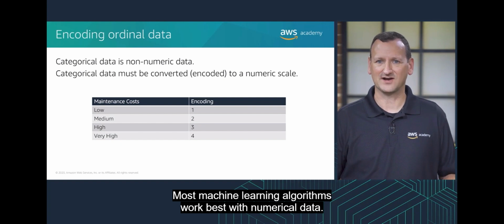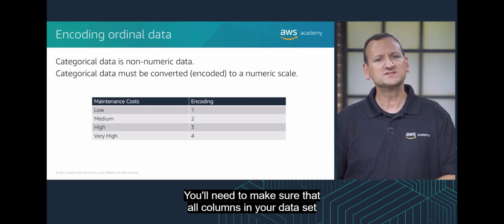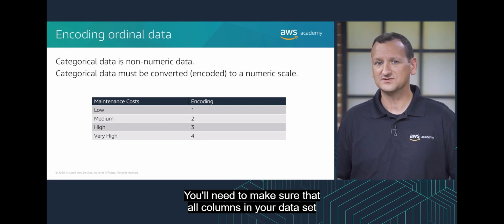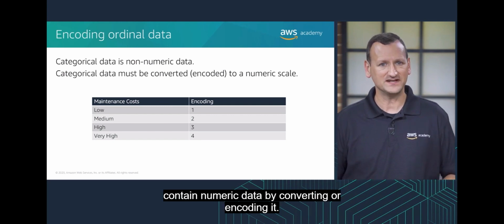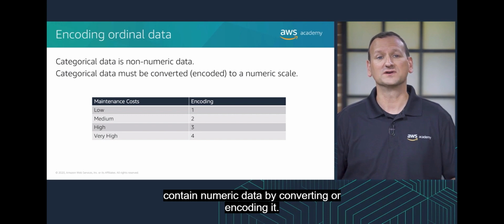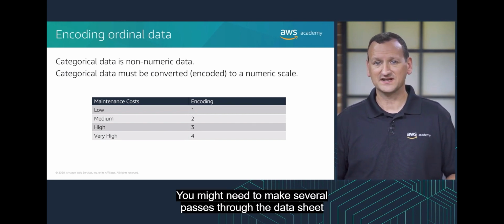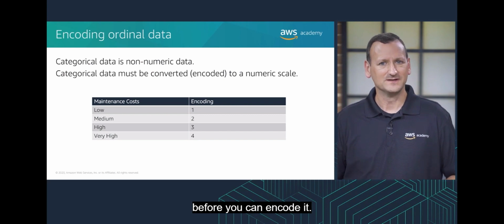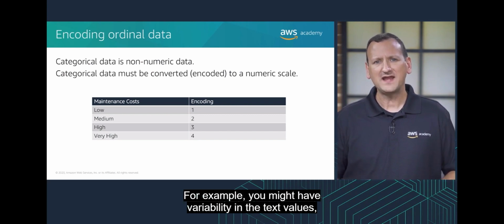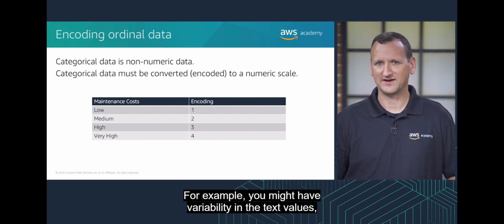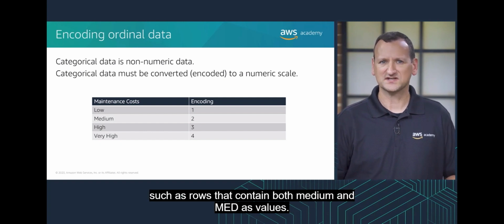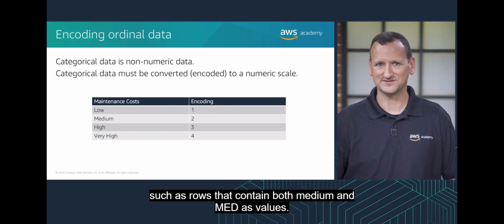Most machine learning algorithms work best with numerical data. You'll need to make sure that all columns in your data set contain numeric data by converting or encoding it. You might need to make several passes through the dataset before you can encode it. For example, you might have variability in the text values, such as rows that contain both medium and MED as values.